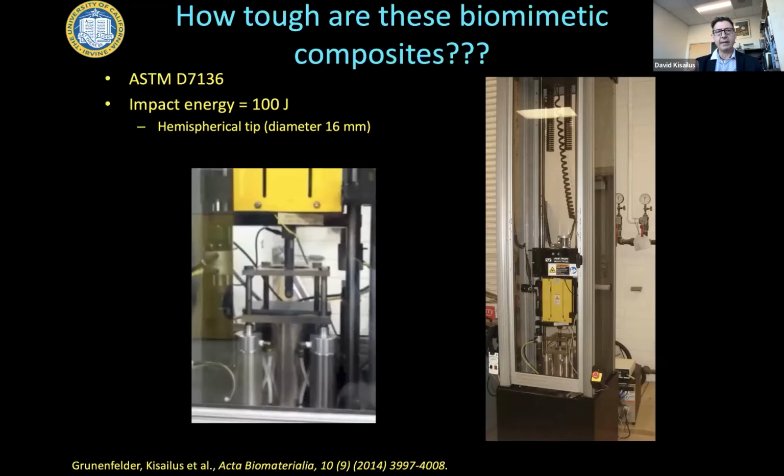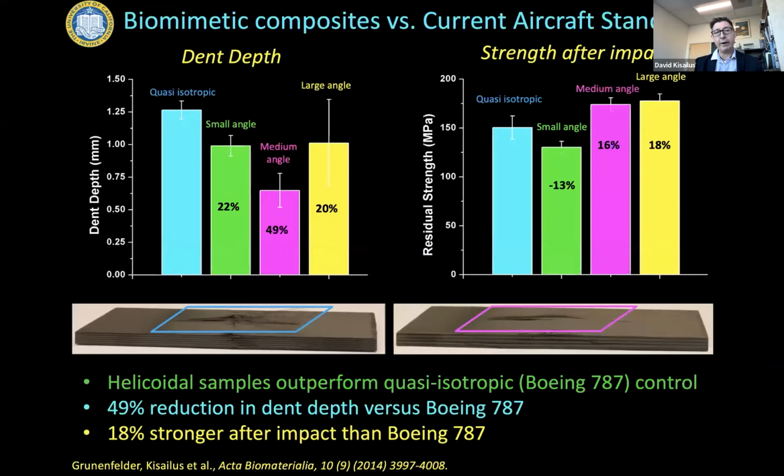It mimics that to see how much damage occurs to these panels. And when we compared what's called the dent depth, how much damage occurred to the panel, which is on this y-axis here, this design from the Boeing 787, called quasi-isotropic, had significantly more damage than that from our mantis shrimp mimics.